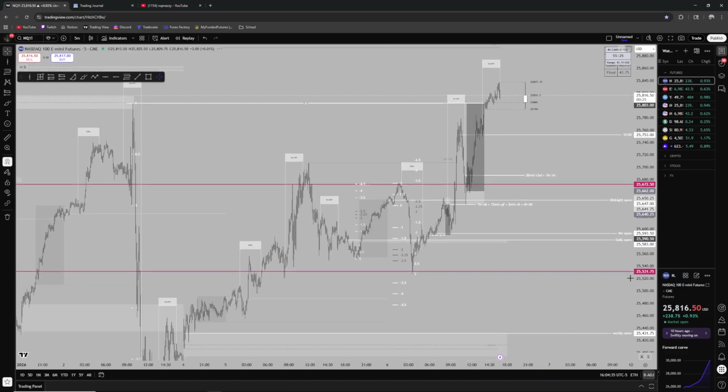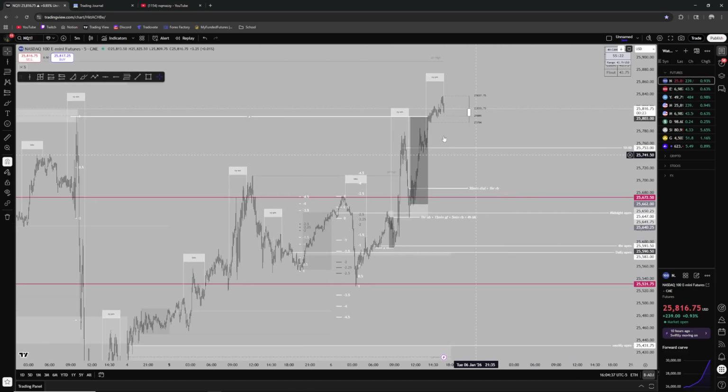But yeah, I could have got this level here, this level here, this trade, and this trade. But yeah, that's about it for today. I just gotta gain confidence in this so that I can see it before it happens and really get better at it.